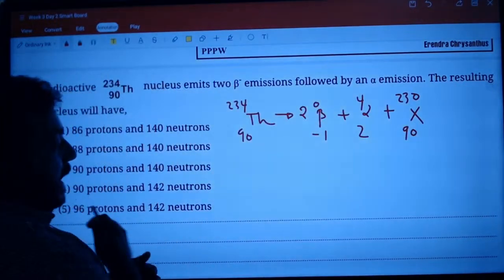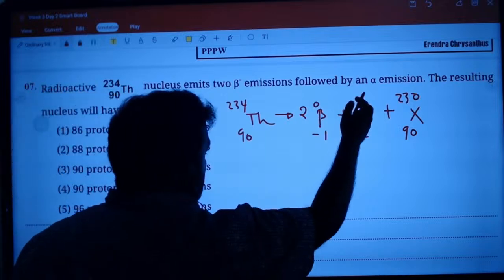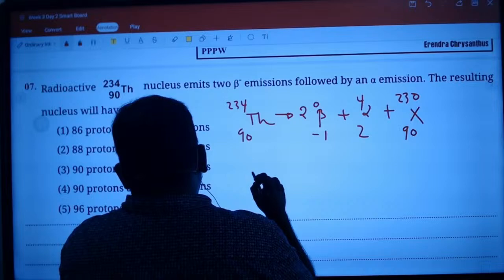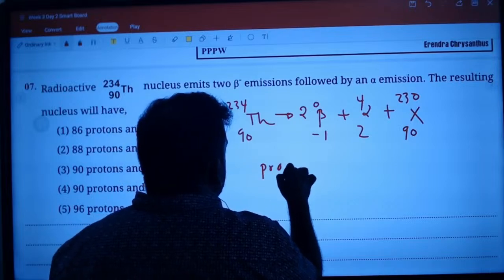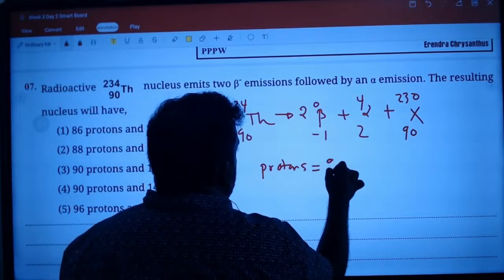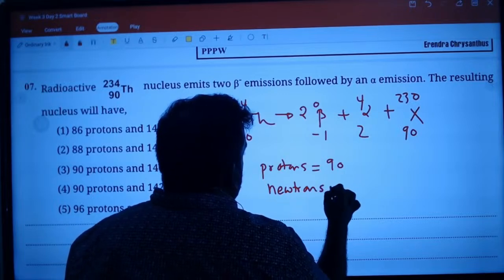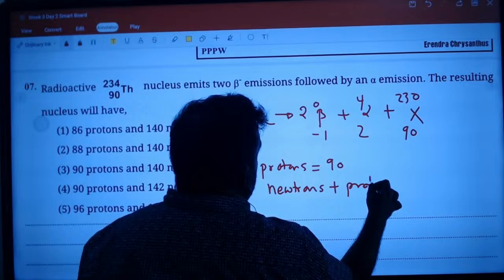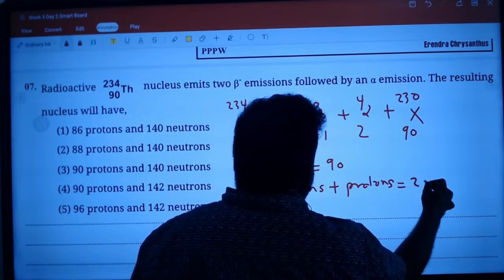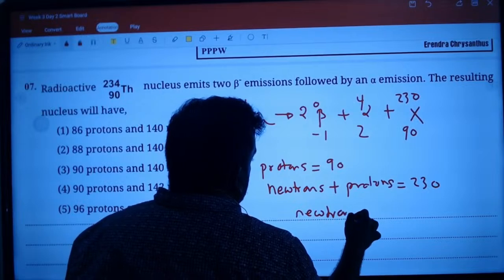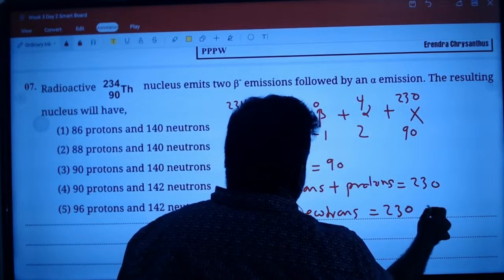Mass number is the number of neutrons and protons. Number of protons is 90. Neutrons plus protons is 230. So how many neutrons? 230 minus 90.